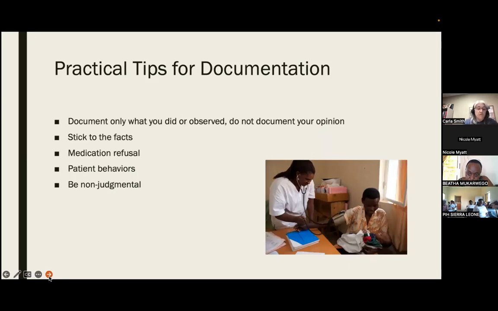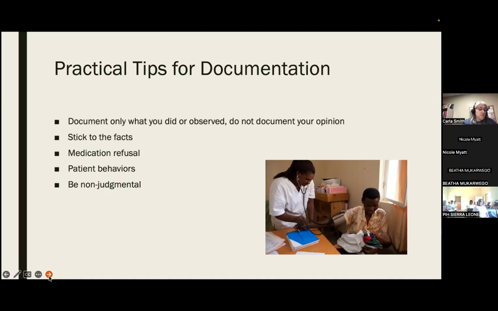If the patient is rude or inappropriate or even hostile, you don't want to put those subjective judgments in your notes, but you can factually write that the patient made verbal threats towards myself and other staff members. Per the hospital safety protocol, security personnel was called to the patient's room. That would be a factual way to state something like that if it were to happen.